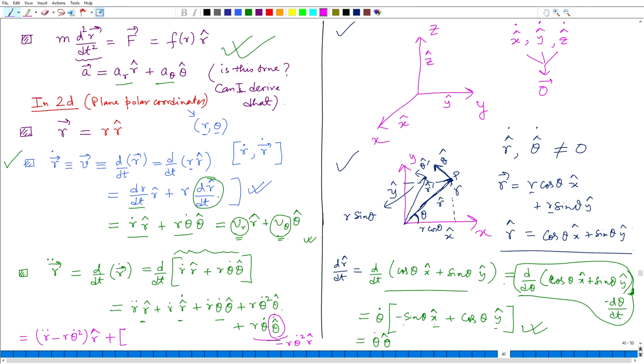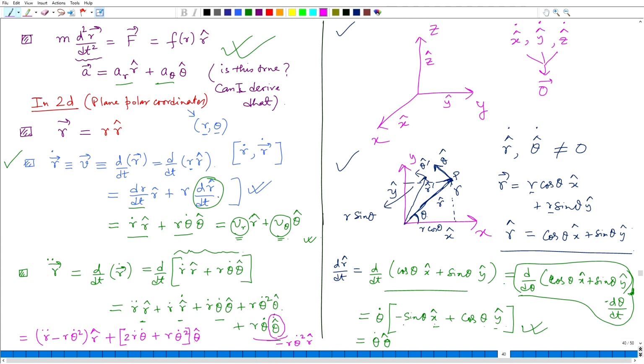So, it will be r dot theta dot theta cap, and this is also r dot theta dot theta cap. So, we will actually have 2 r dot theta dot theta cap, and this one is plus r theta dot square theta cap, and then you write this is theta cap.